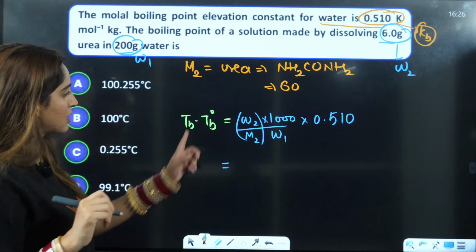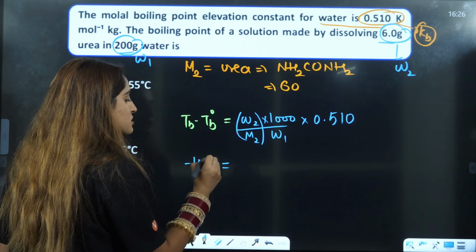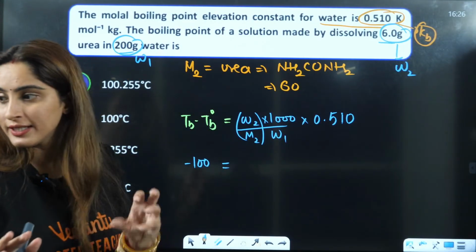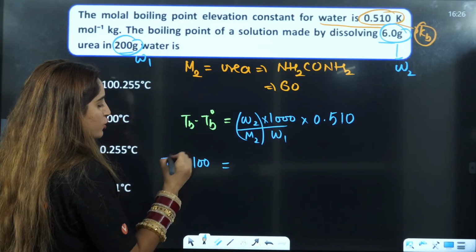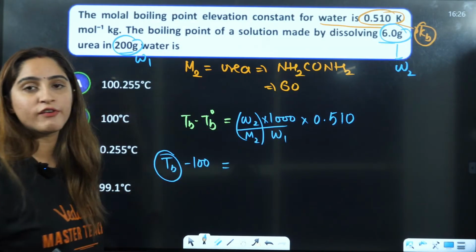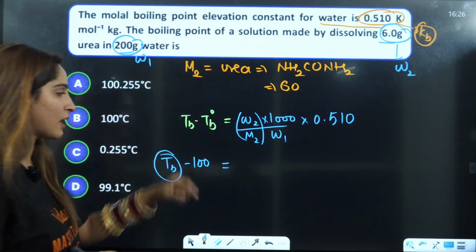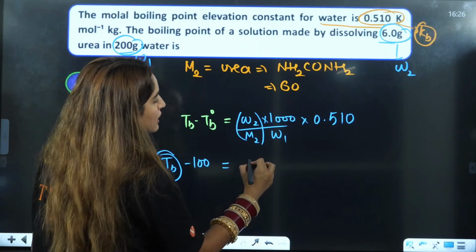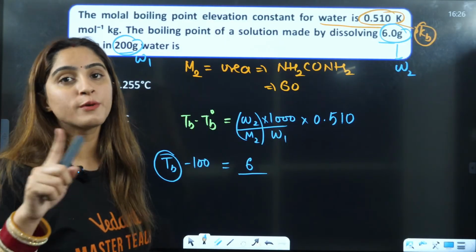Then you have to put the values here. What is this TB naught? TB naught is going to be 100, because the boiling point of pure solvent, that is only water, is 100, right? They are asking you to calculate the value of TB, the boiling point of the solution. So you'll have to put these values. W2 is given to be 6 gram; 2 always represents solute, 1 represents solvent.